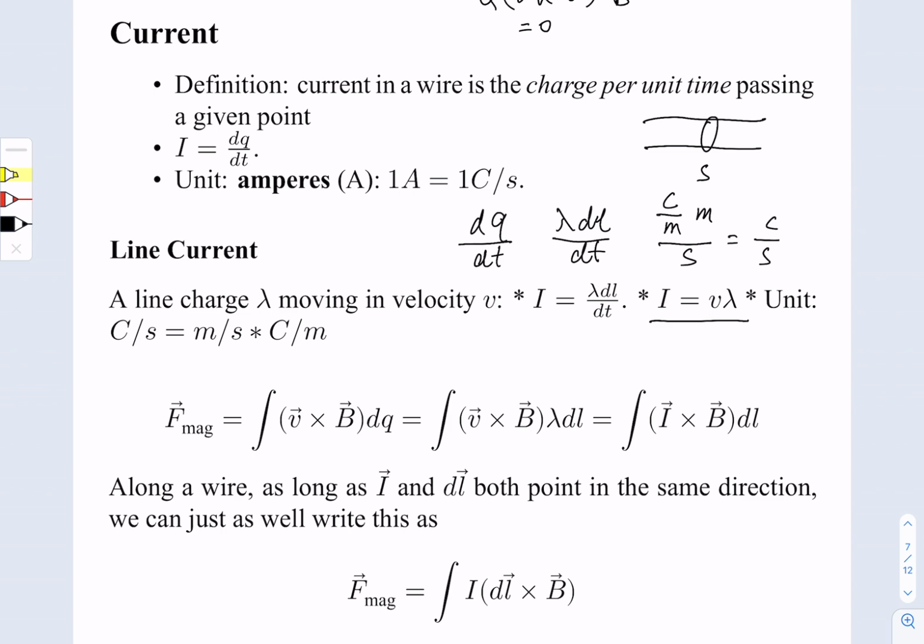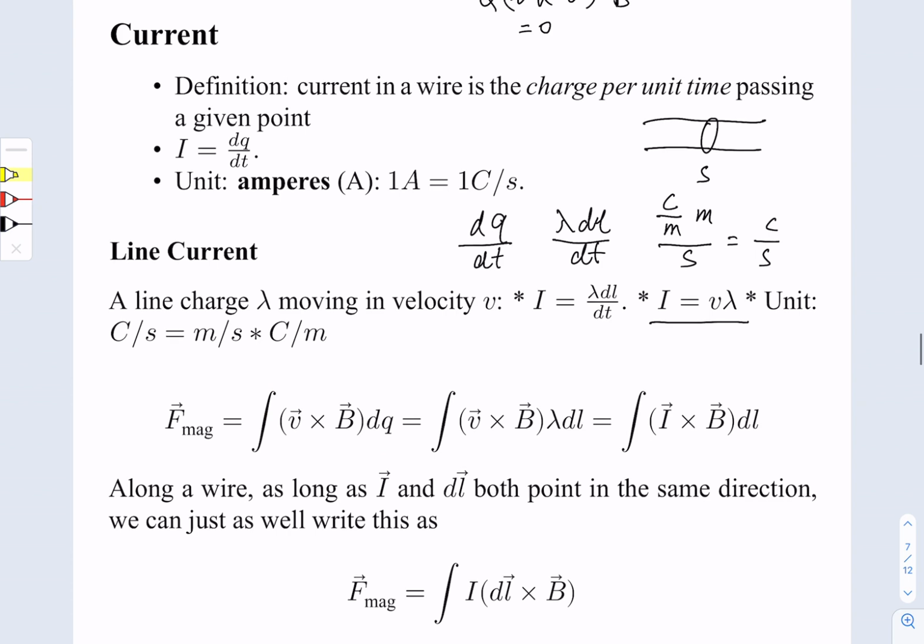So for this linear current, the Lorentz force should be written as v cross B dq, and integrating over all this charge, you can again replace this dq by this lambda dl, and this v lambda can be combined into this current.